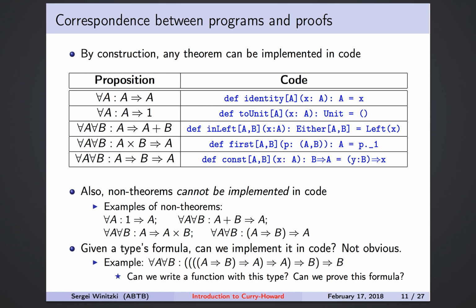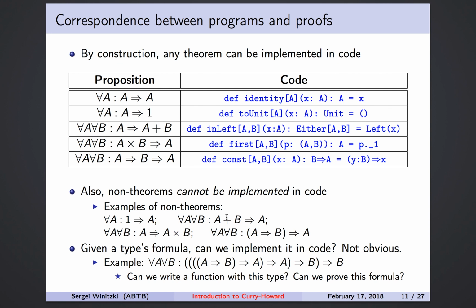Then we would have that from true follows false. That's very obviously wrong. And we cannot implement a function of this type. To implement it, we would have to take a unit argument and produce a value of type A, where A is an arbitrary type. But how can we produce a value of type A, of a type that we don't even know what it is? And there is no data for us to produce that value. So it is impossible.